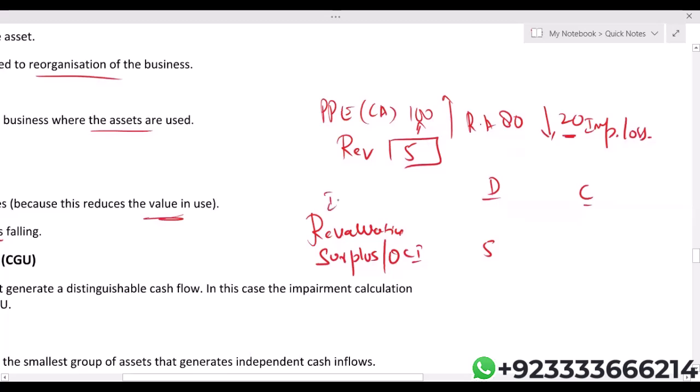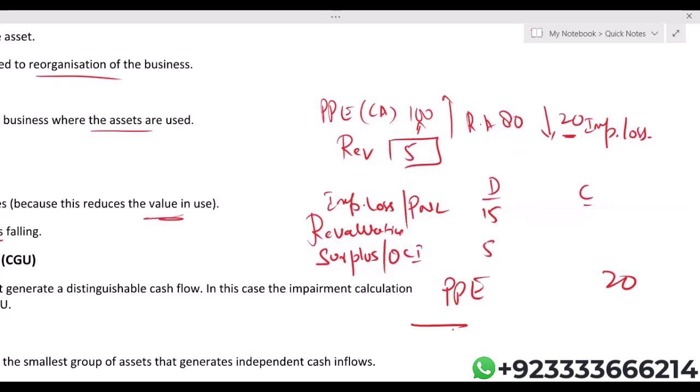Your impairment loss, which is charged to P&L, is 15. And your property, plant and equipment is credited by 20. So first you have to eliminate the revaluation surplus. If the loss is even more than that, then the loss which is over and above the revaluation surplus will go to the income statement.